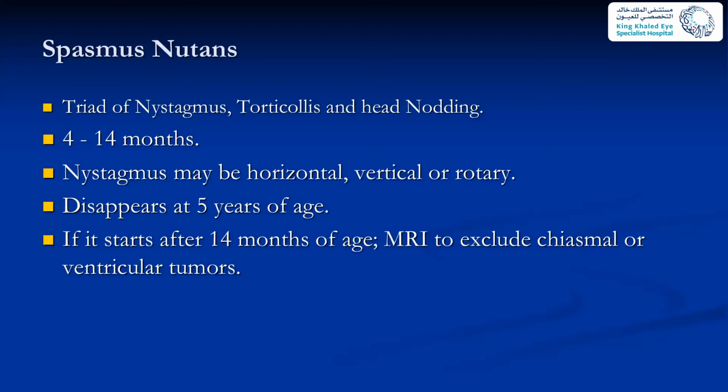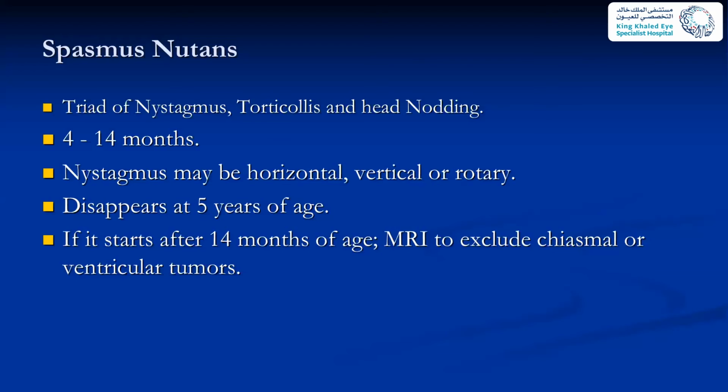Usually the patient has a triad of fine nystagmus, torticollis, with the eye looking to a certain position, and head nodding. Nystagmus may be horizontal, vertical, or rotatory, so any type of nystagmus. And usually, if it is not due to intracranial lesion, it disappears by itself at 5 years of age.